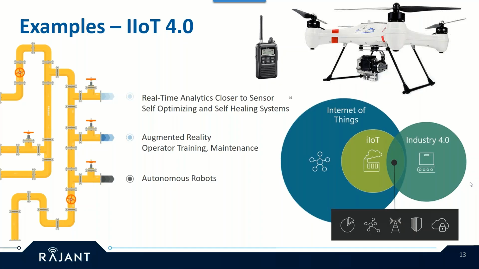In summary, when you look at IIoT 4.0 and the explosion of sensor technology for the next generation of plants, and even for your existing assets, one of the things you want to look at is efficiency. How do you do more with less? If you're in a production field, it's all about lifting costs.